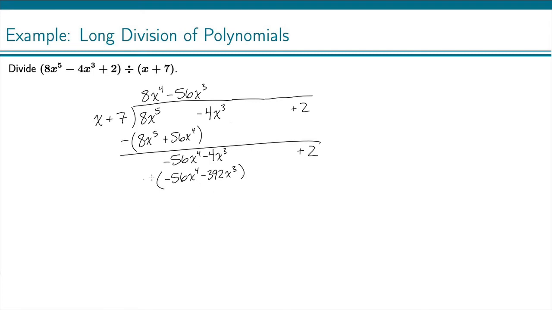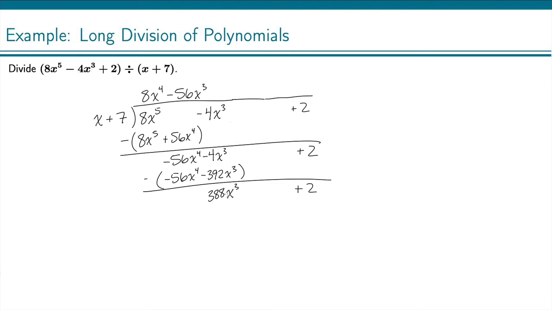And that is what we are going to subtract. Okay, so this first term should always cancel again. And then we've got negative 4x cubed minus a negative, so plus 392x cubed. And that gives us 388x cubed. And then the plus 2 will come down.